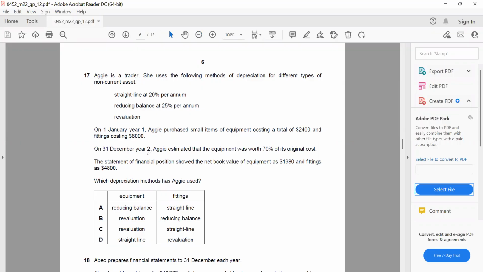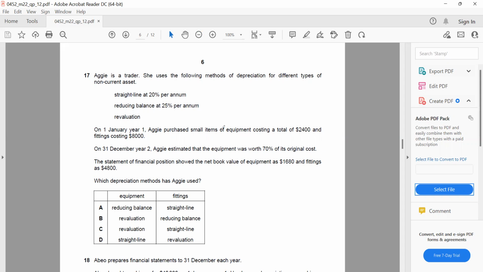On 31st December year 2, Angie estimated the equipment was worth 70% of the original cost. The statement of financial position shows the net book value of equipment as 1,680 and fitting as... which depreciation method has Angie used?